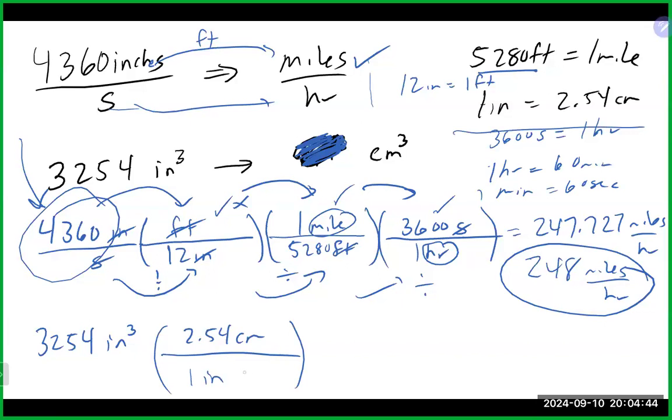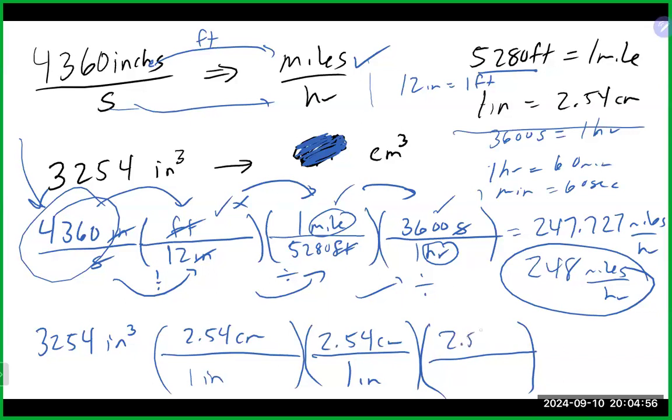I need to do that just once, twice, 3 times. Yes, I do need to do it 3 times there. 2.54 centimeters is 1 inch. Inches squared, inches cubed takes care of all of them. You just do the conversion once. You took care of just one of them, right? You still got 2 to go. You actually have to do it 3 times.